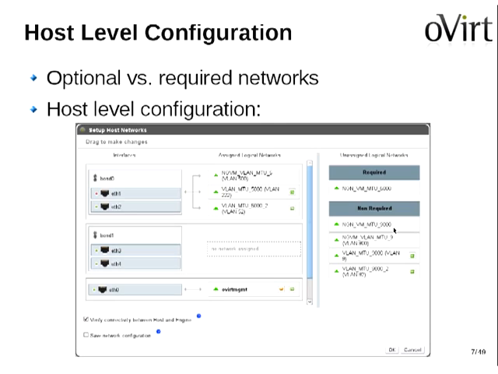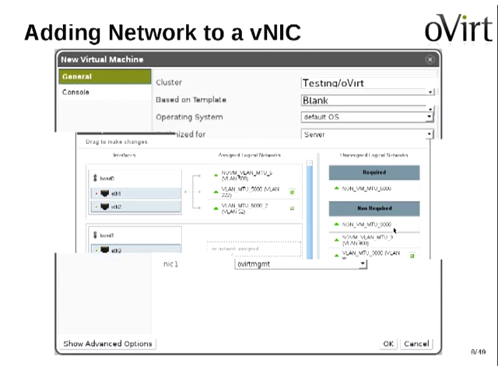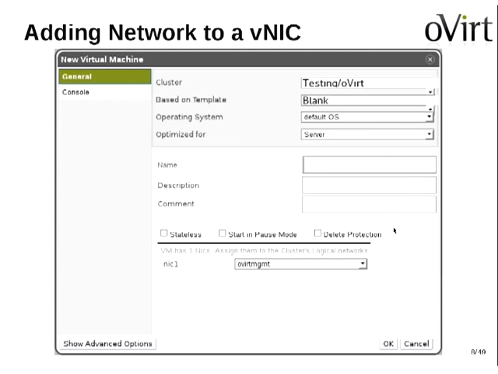So that's the groundwork for networking. You create networks attached to clusters and set them on the host level, right? And after that, you can actually go and add the network to a virtual NIC. We can see that in the new virtual machine dialog, we can select which network you want to use on the NIC, or we can go later on and add additional NICs and just select which network they use.